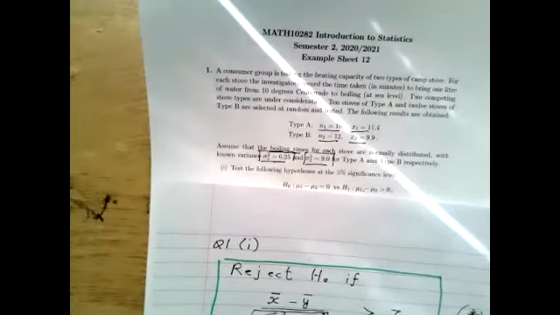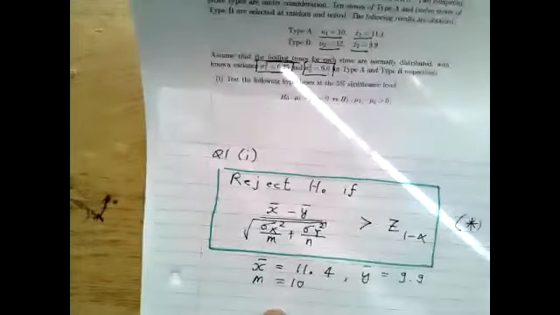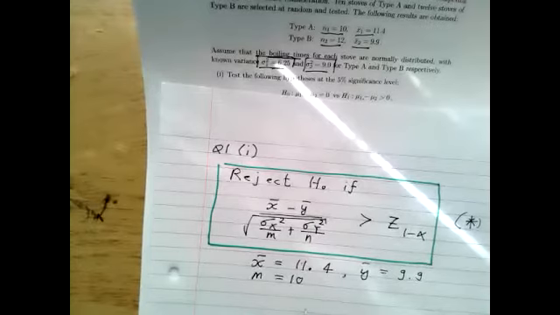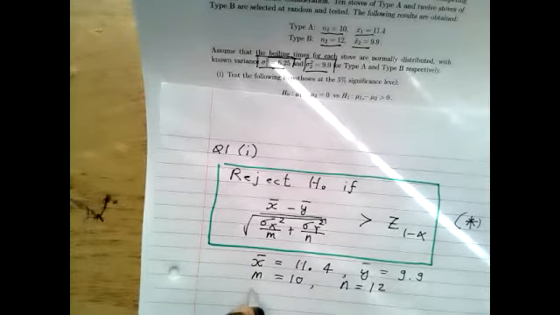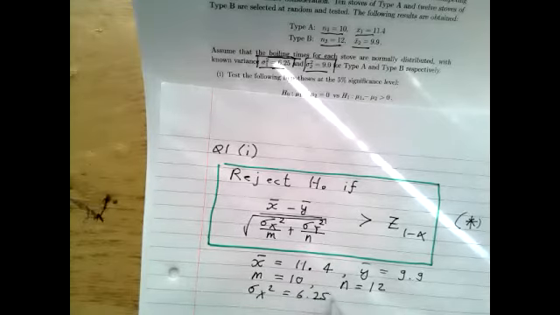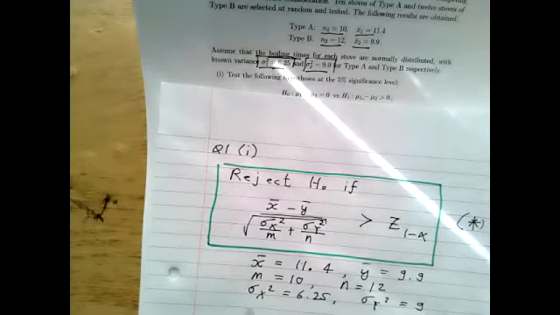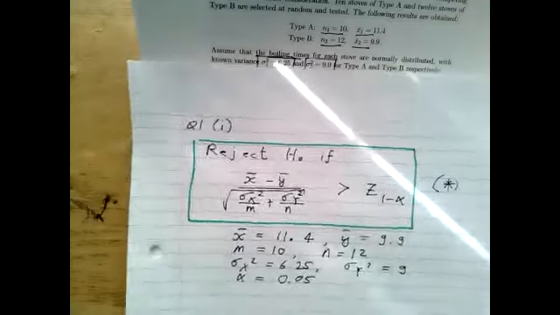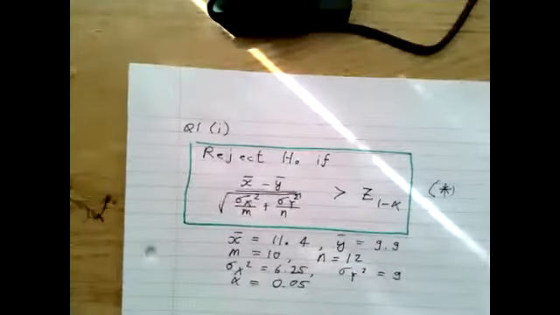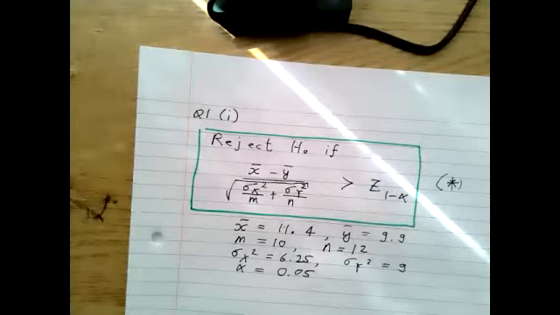M is 10 and N is 12. Sigma x squared is 6.25 and sigma y squared is 9. And we are also told alpha is 0.05 or 5%.